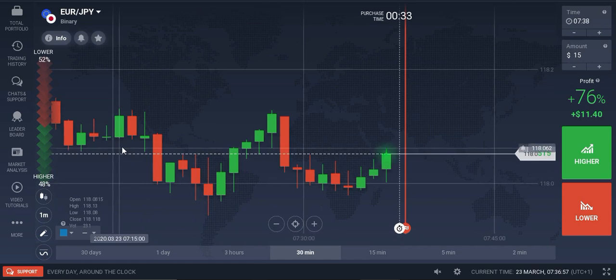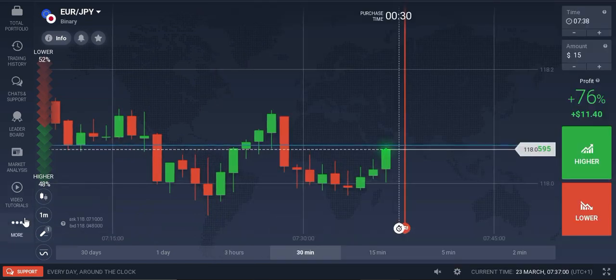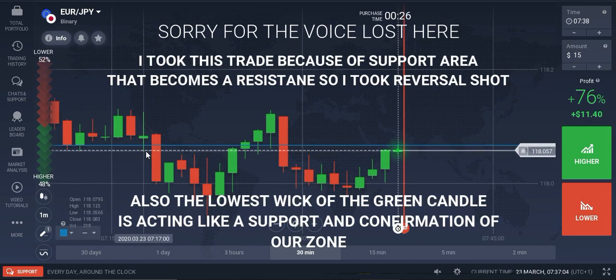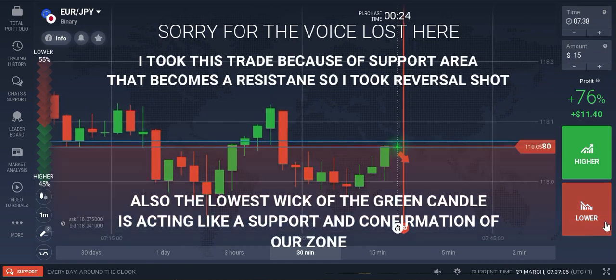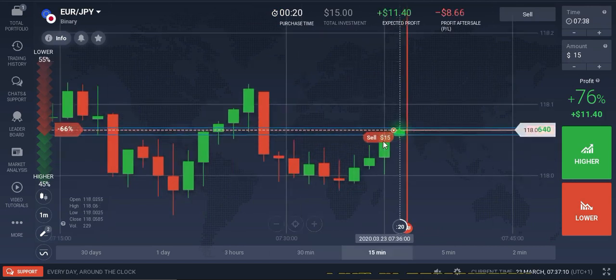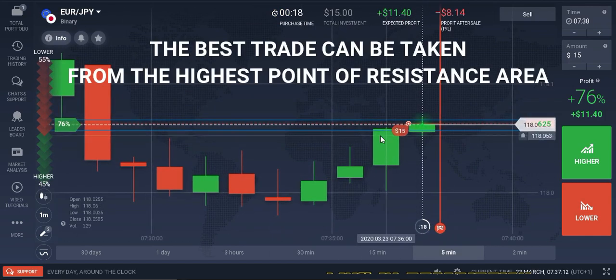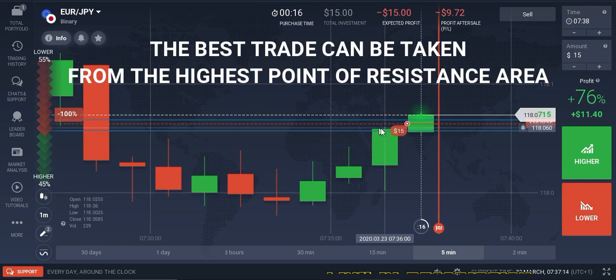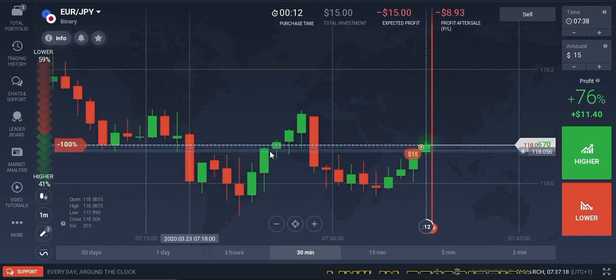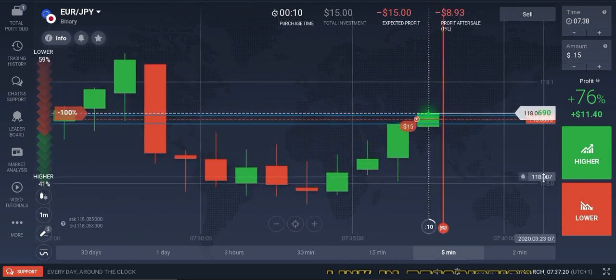So here we have our support that became a resistance and has not been tested yet. So it will go down, as this candle is on the area, exactly on the area. If you adjust it a little bit, you can find the correct area.